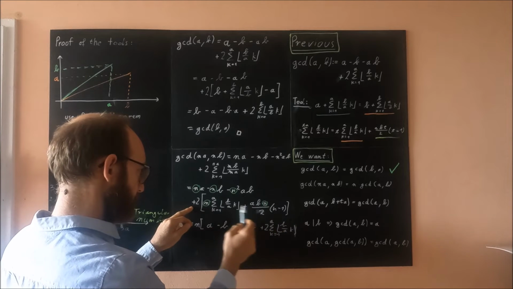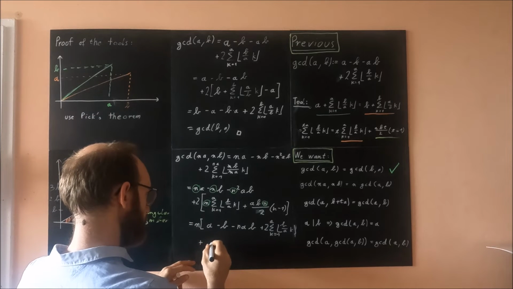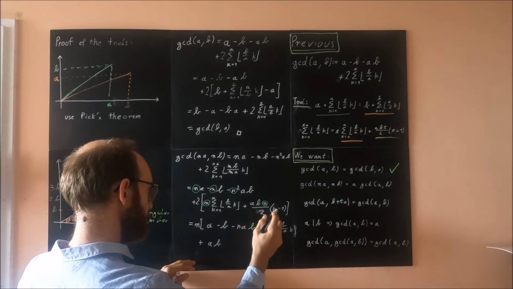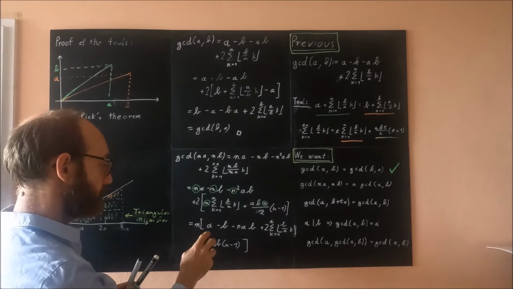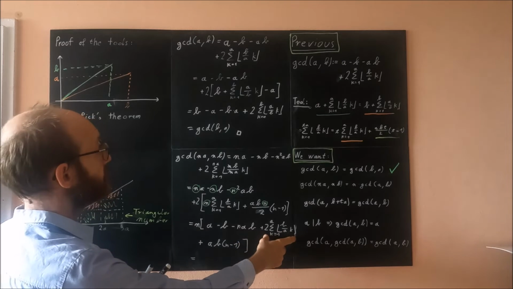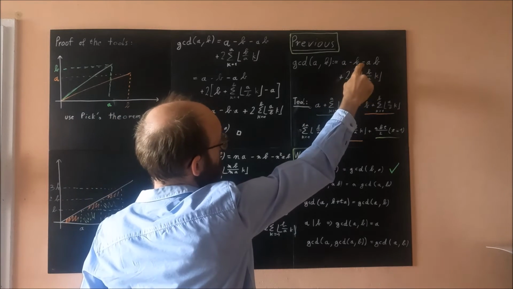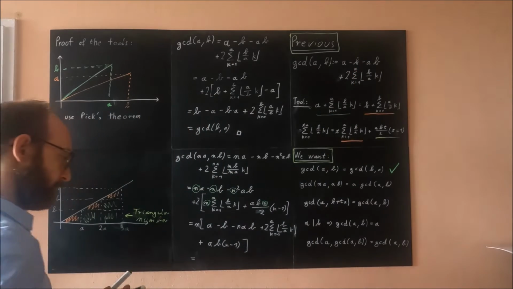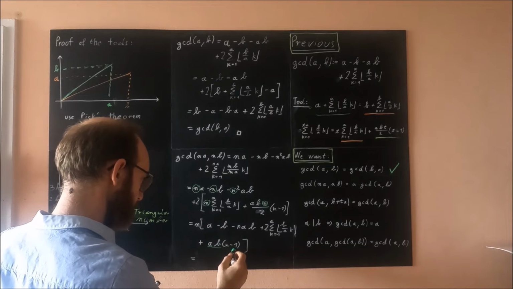Here the 2 cancels out, so we have plus ab and minus 1. So we have a minus b plus 2 times the sum. This is what we want, a minus b plus 2 times the sum. The term minus ab is missing, and we get this term from here, ab times minus 1.